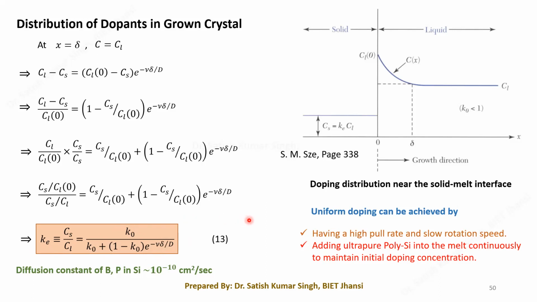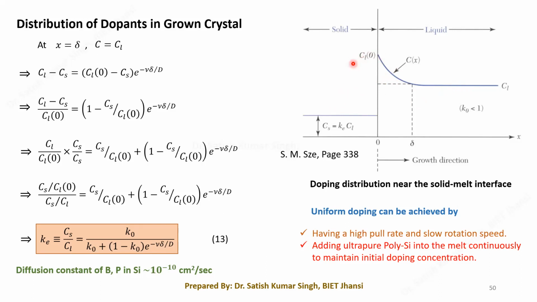There is one more point. If we do not want to change the pulling rate or the stagnant layer thickness, another way of getting the uniform doping is to keep adding the ultra pure polysilicon into the melt. As I already explained, we are not able to maintain the initial concentration of the melt, because of the melt concentration at the top of the layer, only 70% is going into the solid.